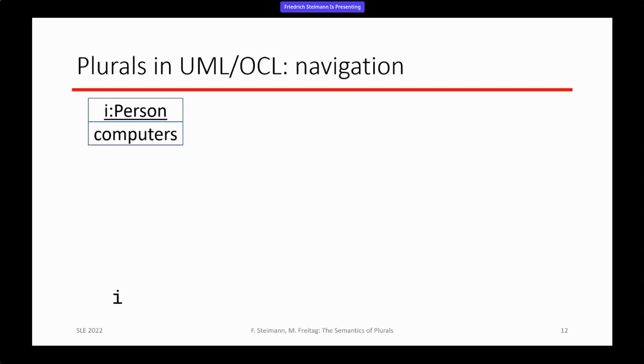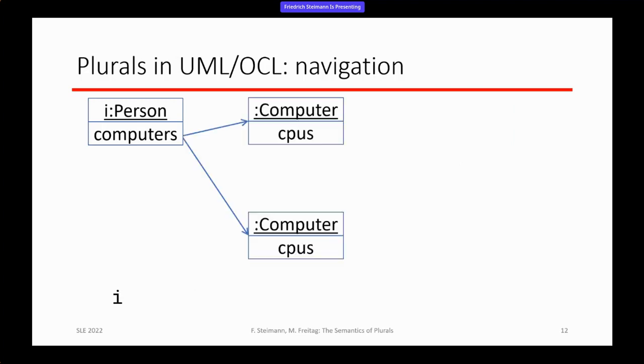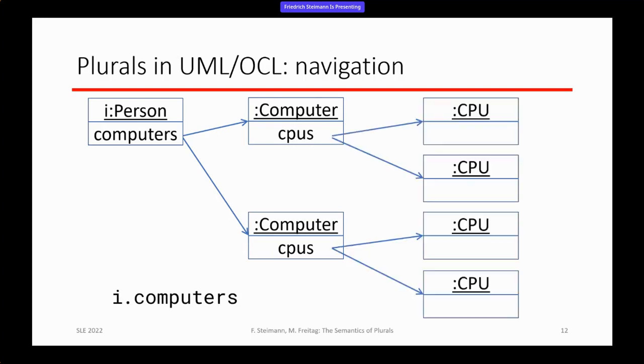Now I can have many computers. Referring to myself is still the same, and then referring to my computers is just I.computers, and then from there on to their CPUs, I just add the attribute name. So syntactically, it is just the same construction. Navigating singulars or plurals is the same.